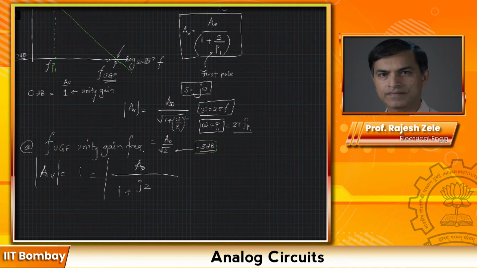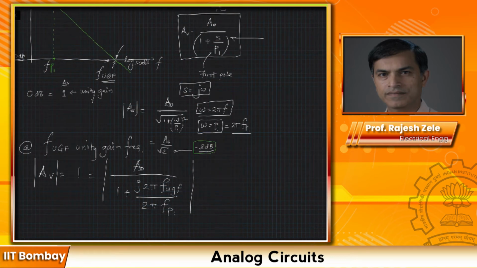So we can say that A0 divided by mod of 1 plus s, which will be j 2 pi f UGF divided by 2 pi FP1. All I'm doing is substituting into this particular equation. And this will be equal to A0 divided by mod of 1 plus, the 2 pi will go away, j times f UGF divided by FP1.